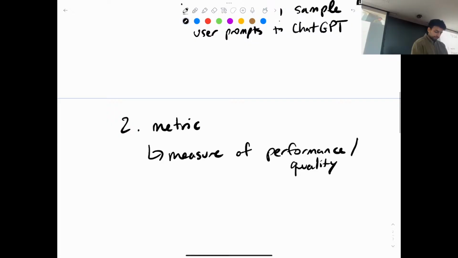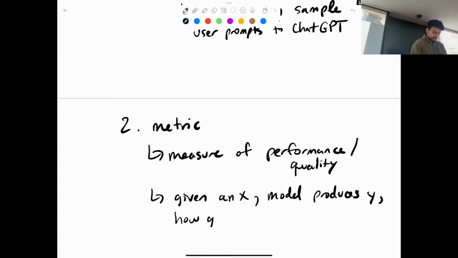So, given a prompt X, our model produces Y. How good is Y? In the machine translation case, as we'll see a little later, we might have a sentence and say translate this from German to English.